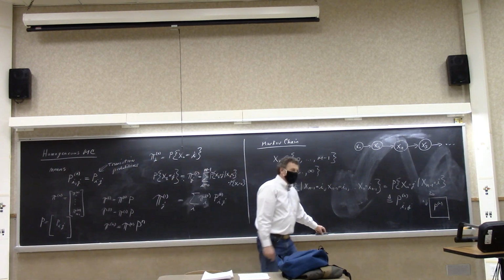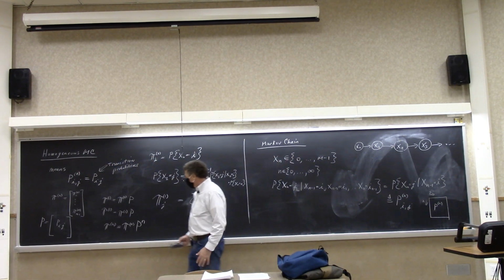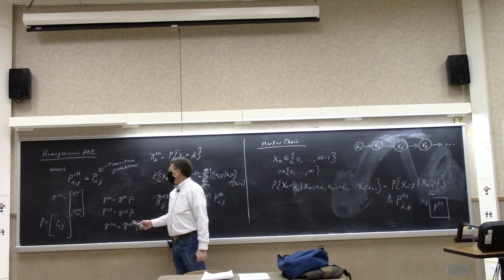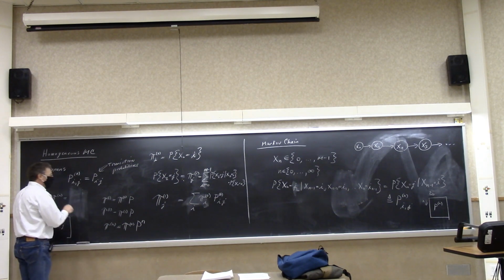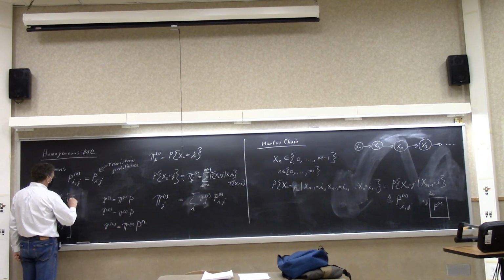Isn't pi a row vector, as opposed to a column vector? Ah, yes. Thank you so much. That was the thing I was complaining about, too. My brain automatically reverted.